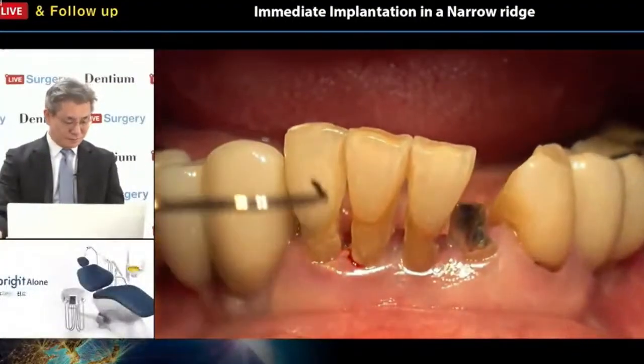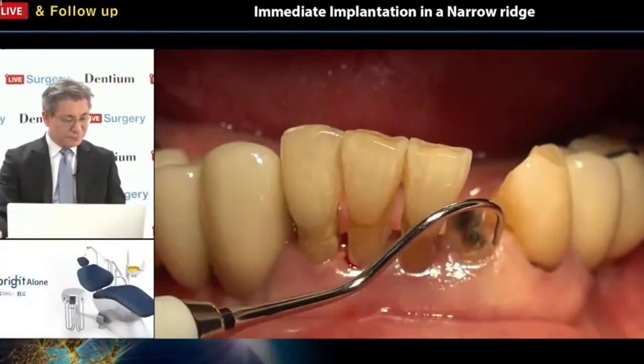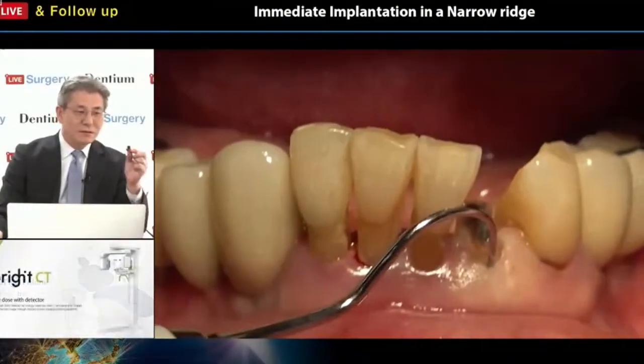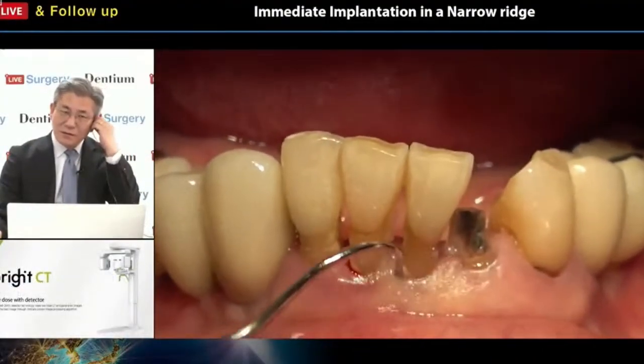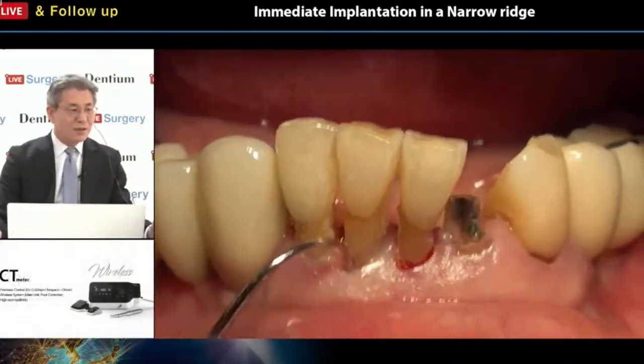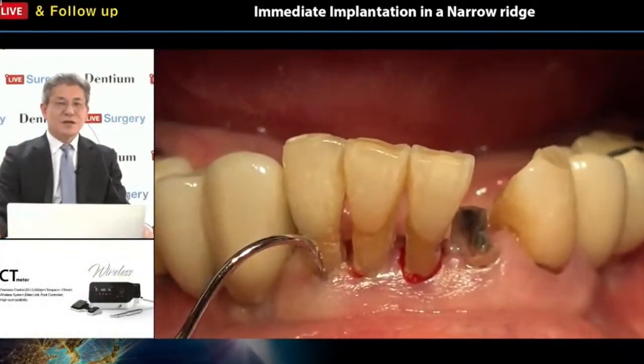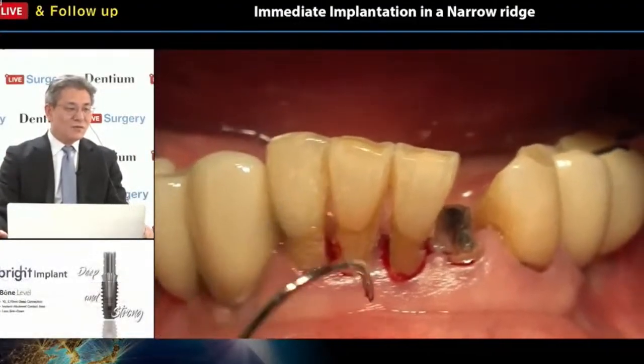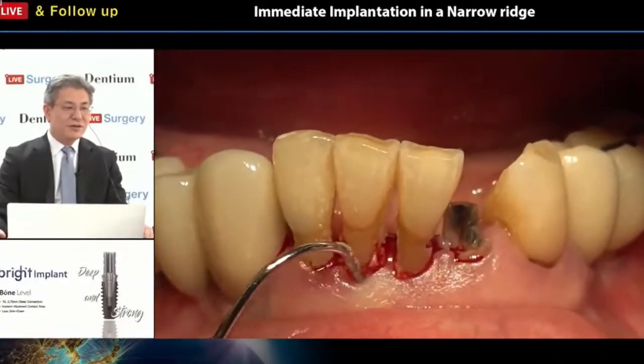Okay, we're going to move to today's surgery. As I mentioned before, today's surgery will be done on the lower anterior.